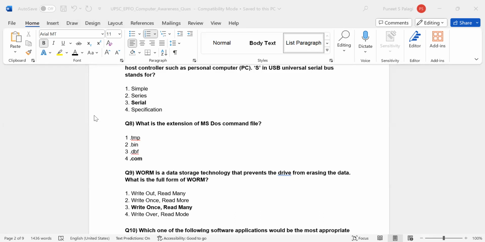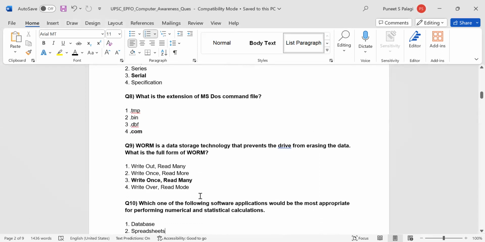It often does this by exploiting the parts of an operating system that are automatic and invisible to the user. So, write once and read many.